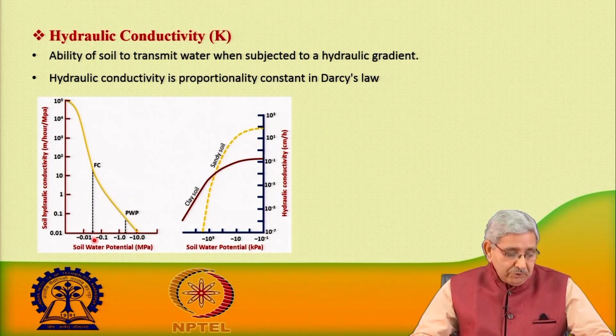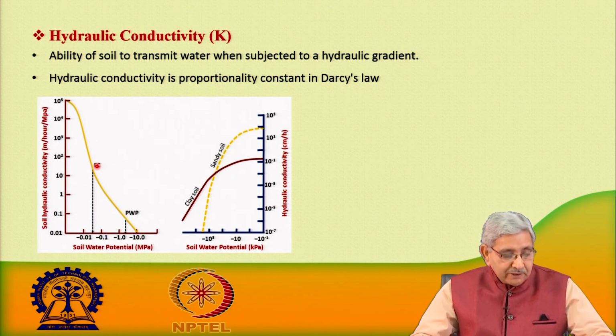If the soil water potential is minus 0.01 to minus 10, minus 0.01 megapascal means the moisture content is higher as compared to 10. So, as the negative potential increases, the hydraulic conductivity of the soil decreases exponentially, and this can be explained by this diagram, with field capacity and wilting point showing how it varies.